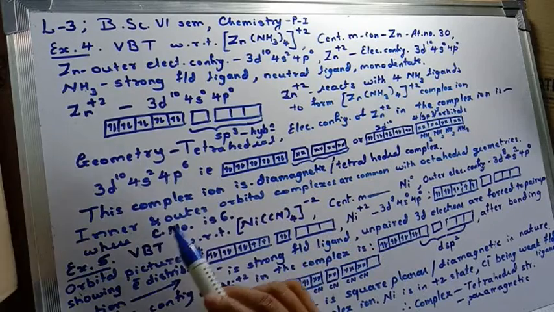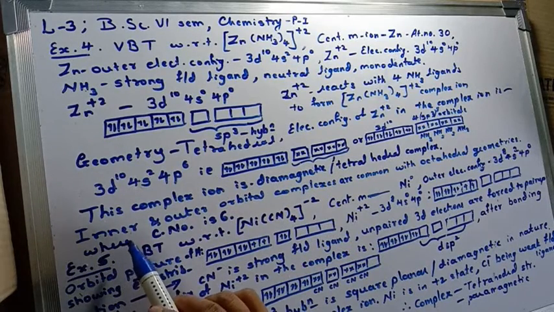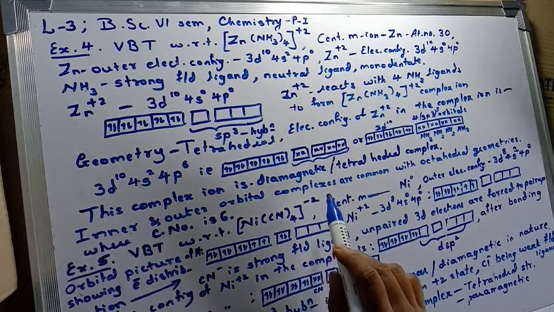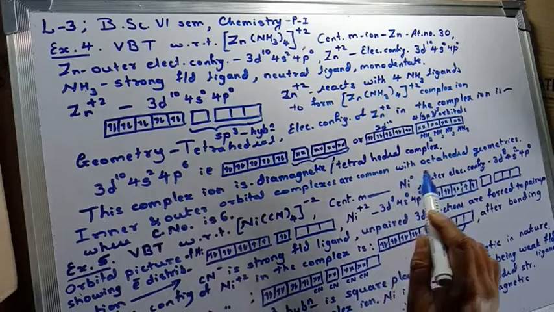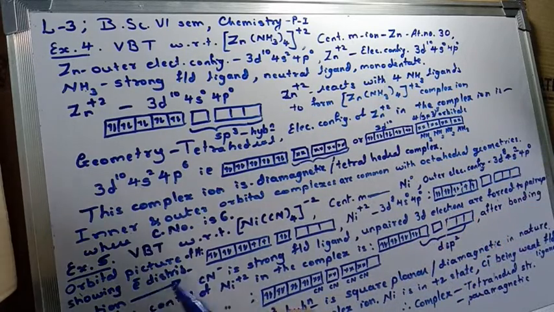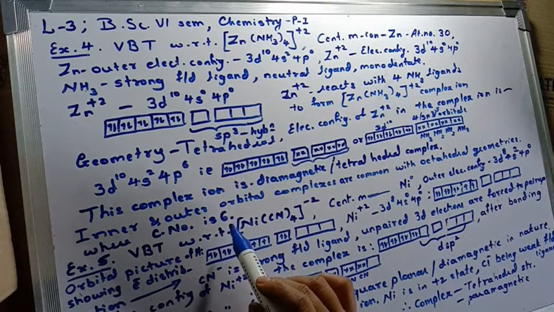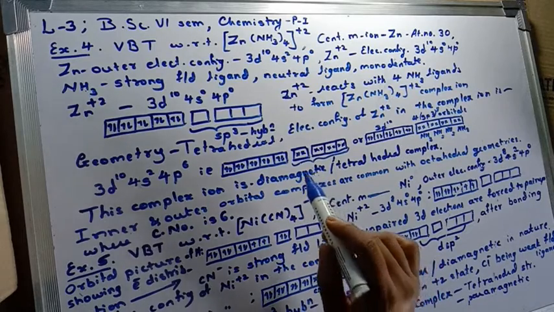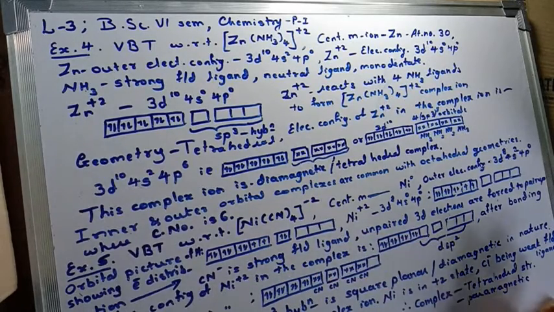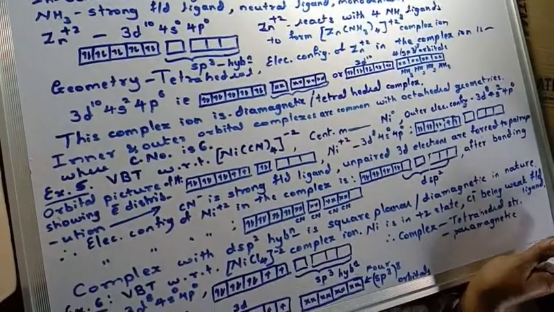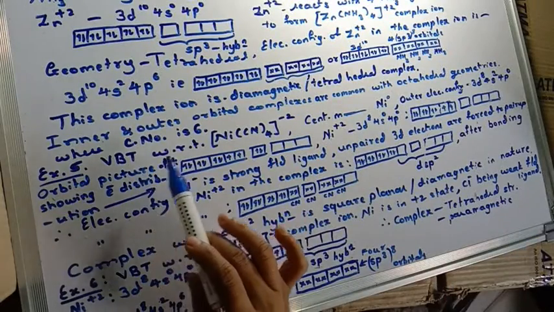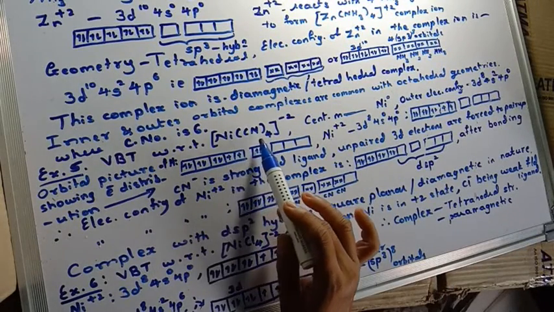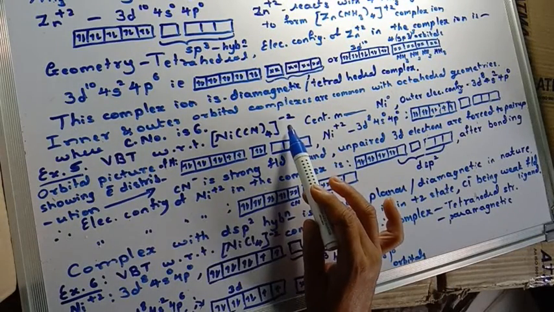Now you have come across inner and outer orbital complexes. They are more common with octahedral geometry, where the coordination number is 6 and where d orbitals are involved in bond formation. Now we'll move on to the next complex, example 5, valence bond theory with respect to [Ni(CN)4]2-.